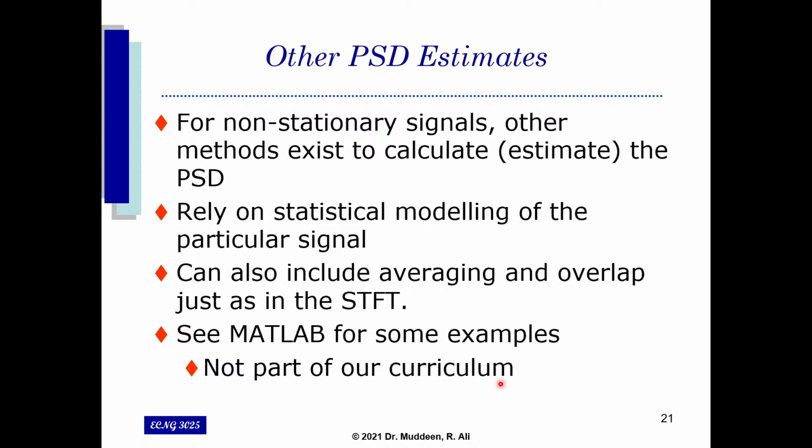They do rely a lot on statistical modeling of the particular signal, and you do have to factor in the averaging and the overlap factors used for the STFT that we saw in the previous lecture in order to calculate the power spectral density of a signal accurately enough, because remember, that's dealing with real-time signals, so you keep on estimating for each slide of the signal when you're doing the STFT. So calculating the PSD for non-stationary signals is not part of our curriculum. We're only concerned with calculating the PSD for stationary signals using the method that we saw here.